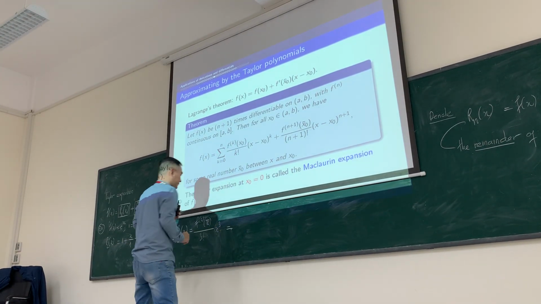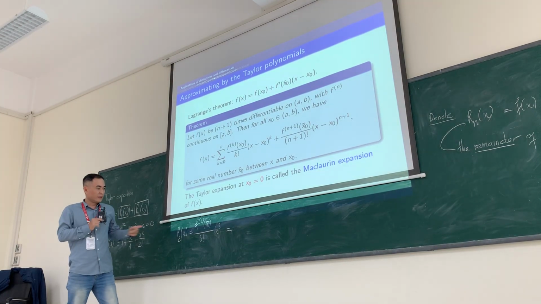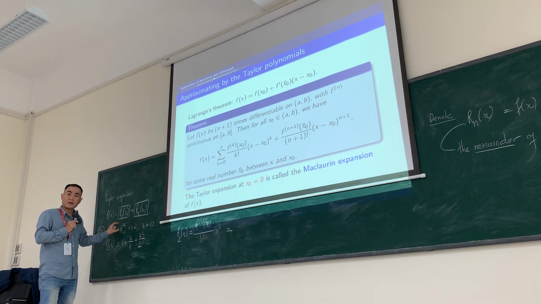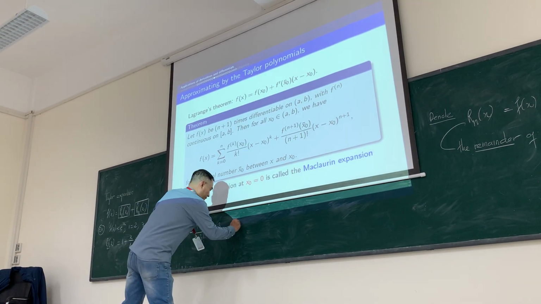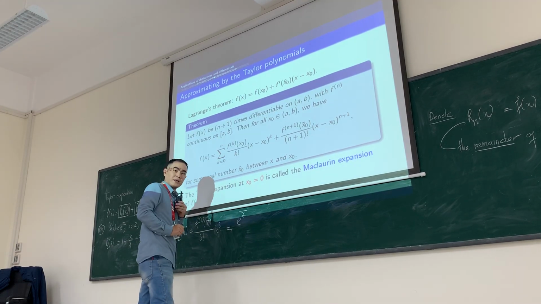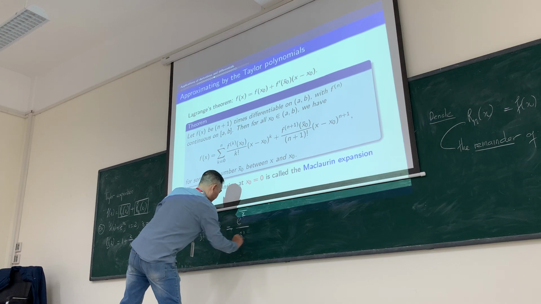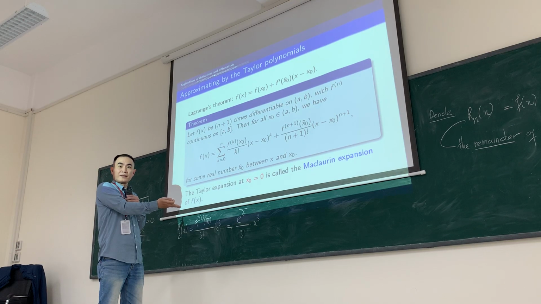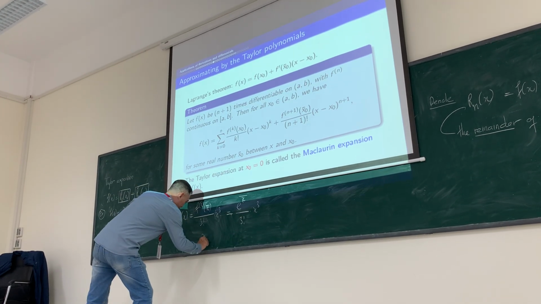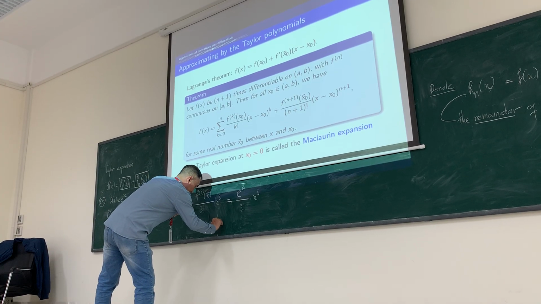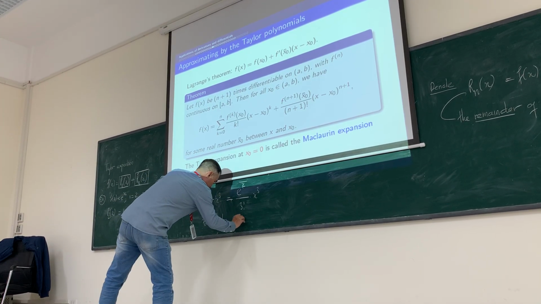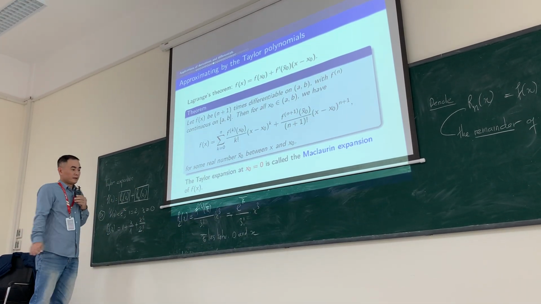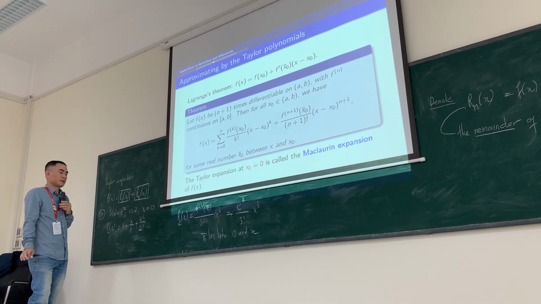I think you know the derivative of the exponential is always equal to itself. So the value here is equal to the exponential of c over 3 factorial times x cubed, where c lies between 0 and x.